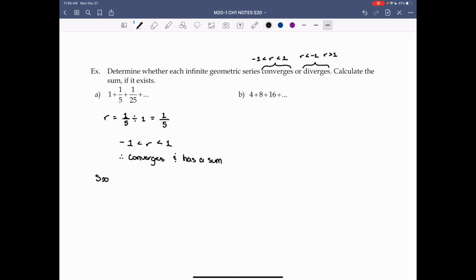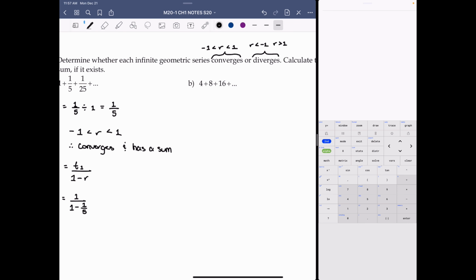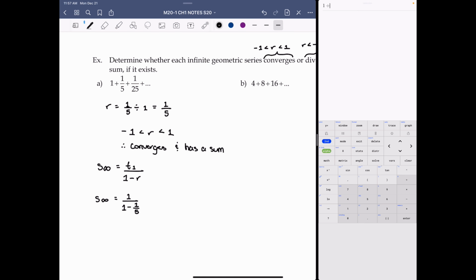We can calculate that sum using the formula S infinity equals T1 over 1 minus R. In this case, that would be S infinity equals T1, which is 1, over 1 minus R, which is 1 over 5. We can calculate that: 1 divided by brackets around the denominator, 1 minus another set of brackets around the R value of 1 over 5, close bracket, enter.